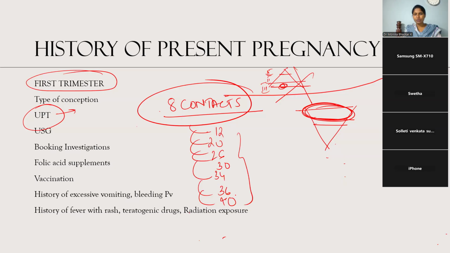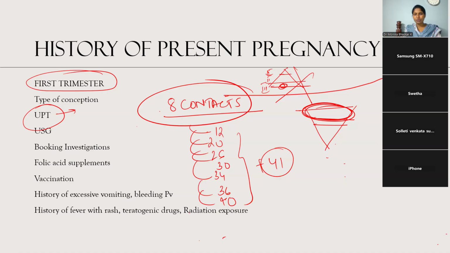And if she has not delivered by 40, an additional visit at 41 weeks is recommended. This is recommended by WHO guidelines, and it has also been inculcated in our FOGSI antenatal care guidelines as well. So these are the eight important contacts which the pregnant mother should have.